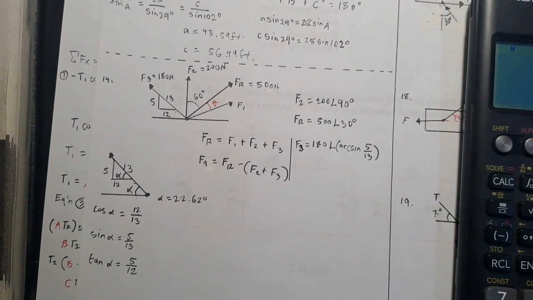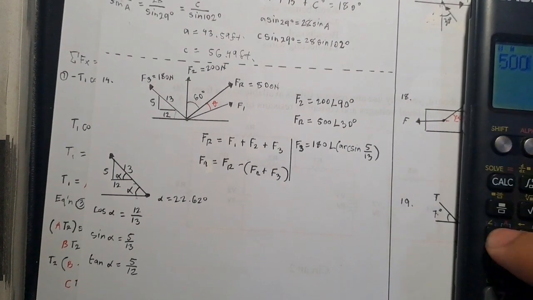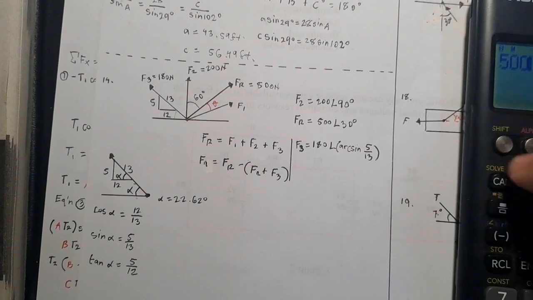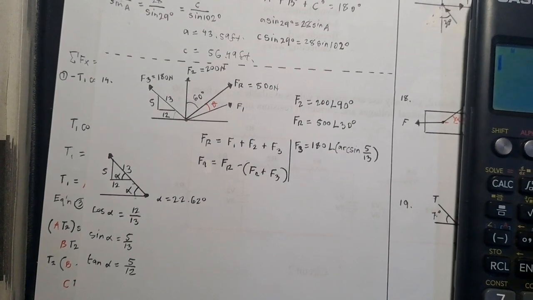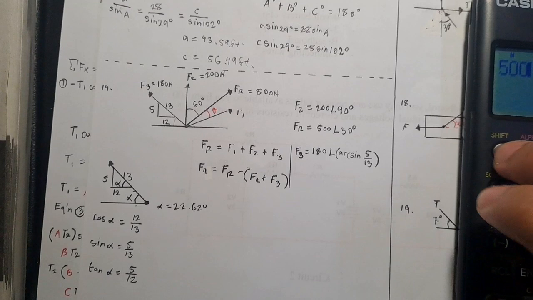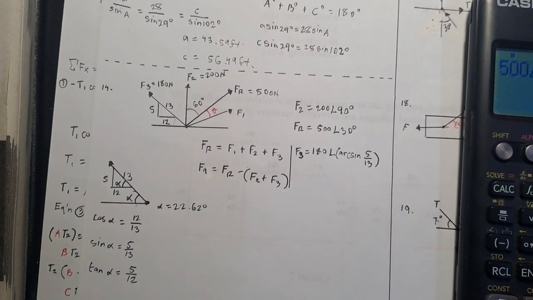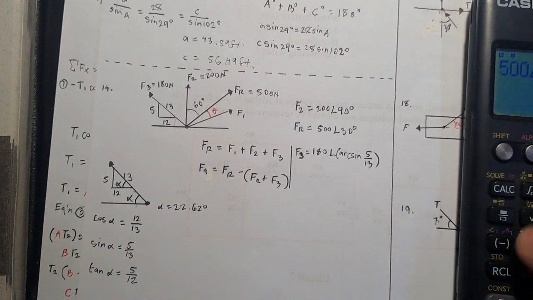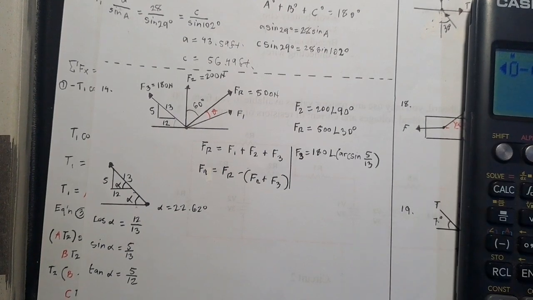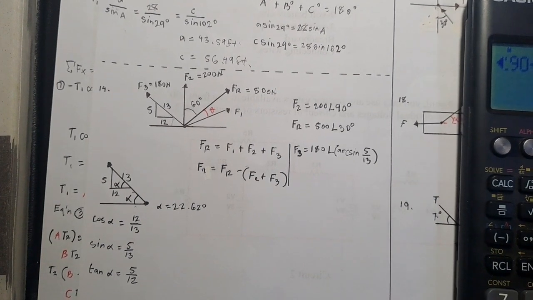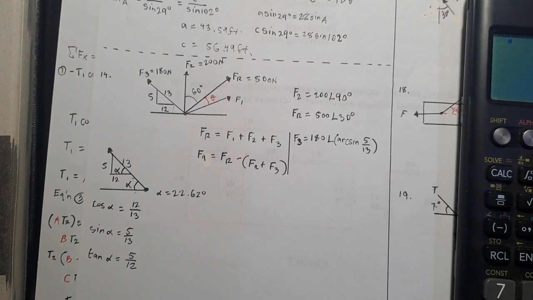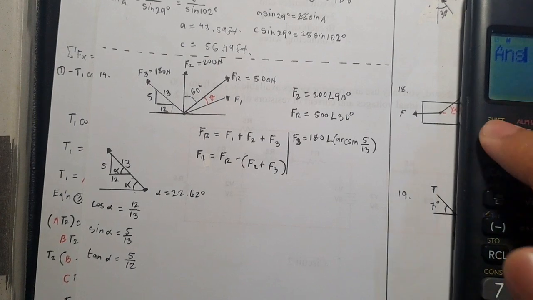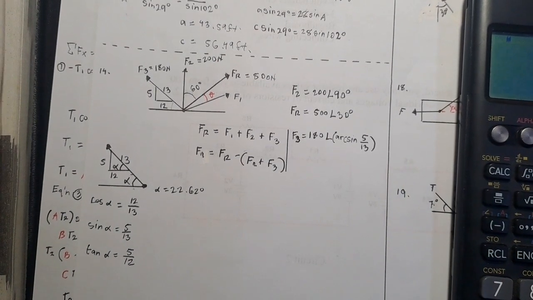So our FR is 500 angle 30, minus the quantity: F2 is 200 angle 90, plus 180 angle 22.62. Shift 3.